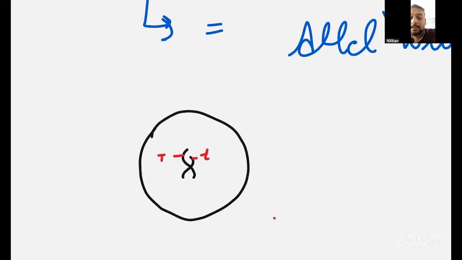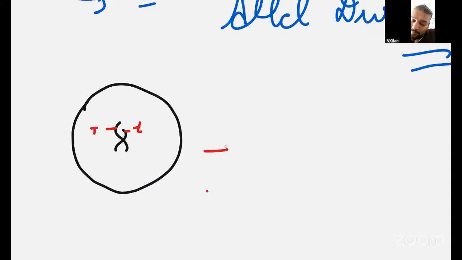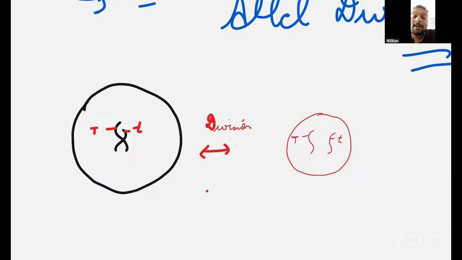When the division part comes, this strand, which is capital T, and this strand, which is small t, segregate independently like this. This is an example of the law of segregation.